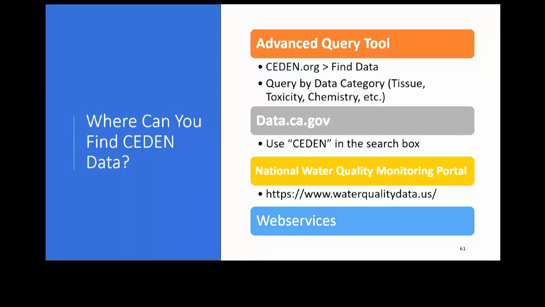And then once you have that information using the advanced query tool, you get an Excel output. Using data.ca.gov doesn't allow you to query, but if you were into coding your own API query, then you could put that into your API code, of which things you wanted to query out. And same thing with the National Water Quality Monitoring Portal.